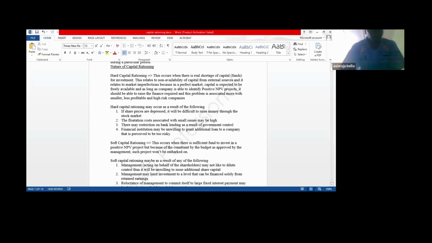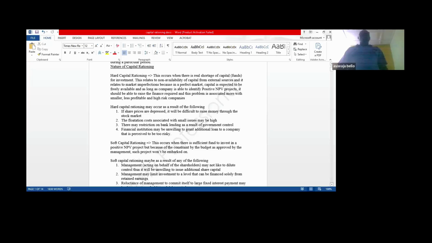Number two, the flotation cost associated with small issues may be high. What is flotation cost? If you decide to issue your shares to the public, that means you want to float your shares on the stock exchange market.